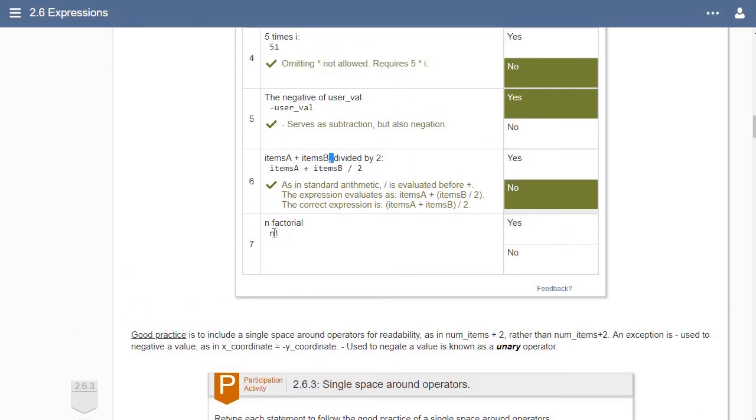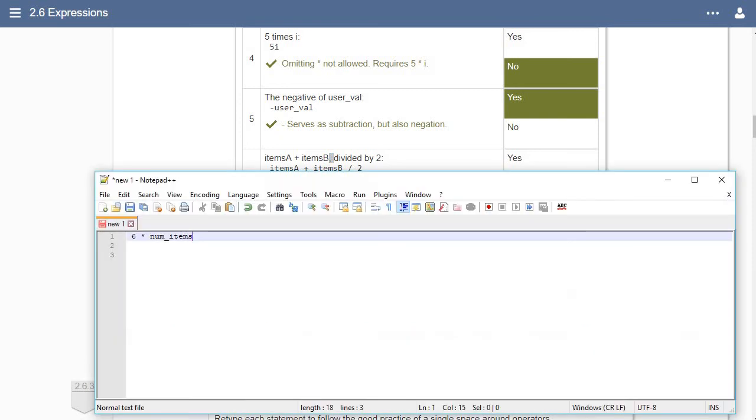And n factorial, can you write it as n!? Absolutely not. Let me explain what n factorial means. In high school, we would have written 6! to represent 6 factorial. Here, in programming, you cannot. 6 factorial means 6 times 5 times 4 times 3 times 2 times 1.